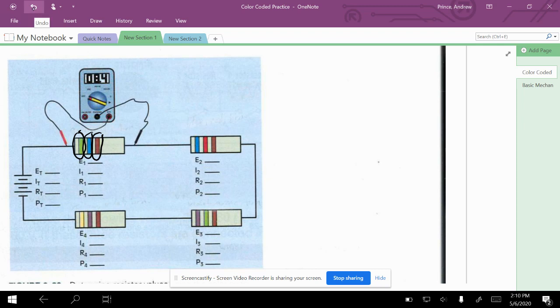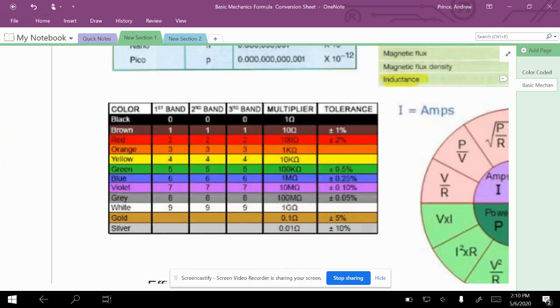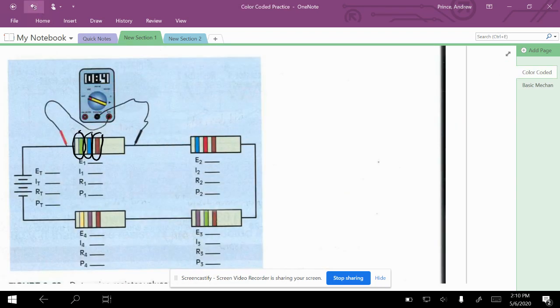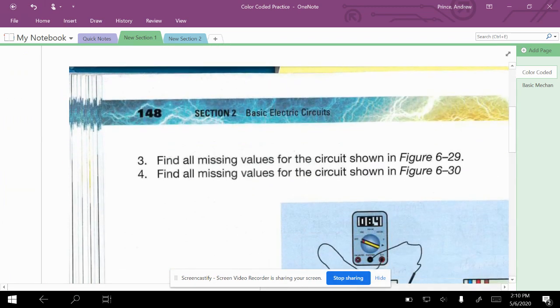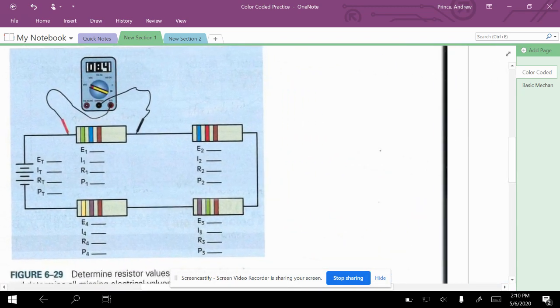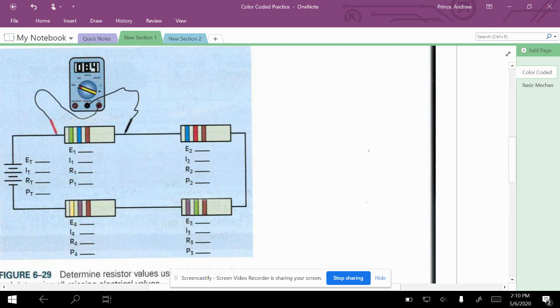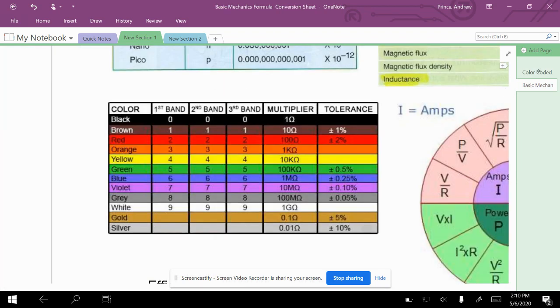So for the green one, if we look at our coded chart, that's a 5. So this green digit here is a 5. The blue is a 6.